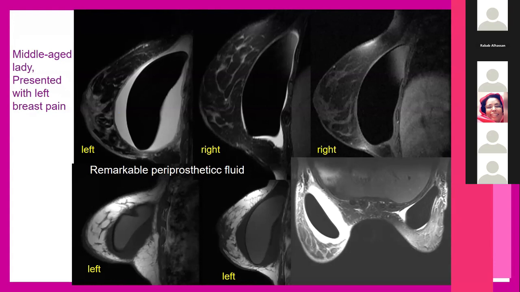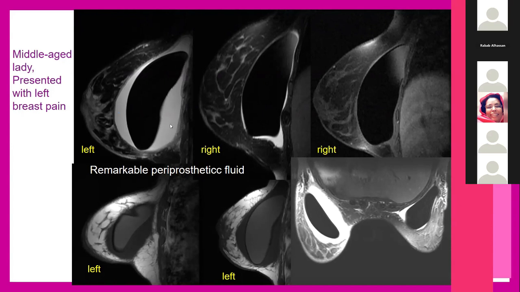What is going on exactly here? What is the sign you have seen here? Linguine sign. No, this is not a linguine sign. I can see the implant is well expanded, but it is pushed by this remarkable periprosthetic fluid.